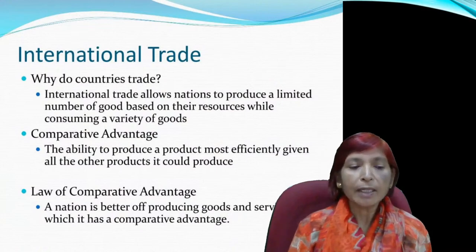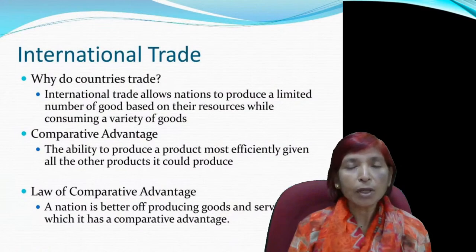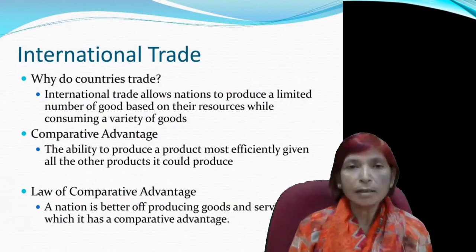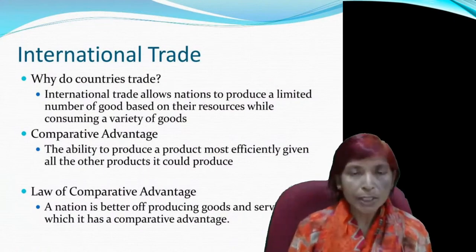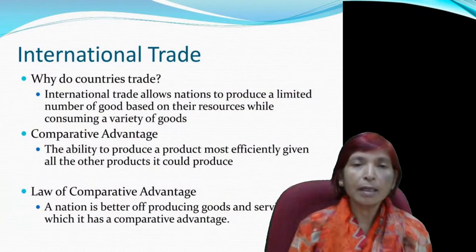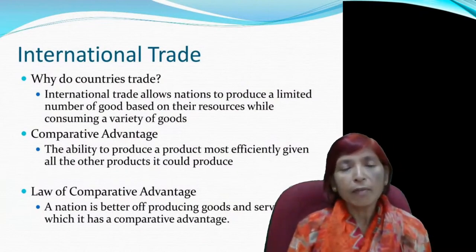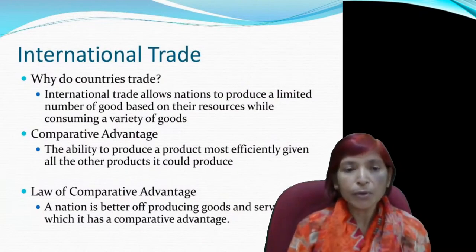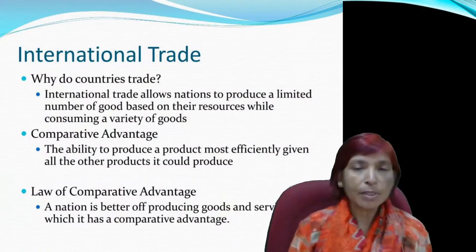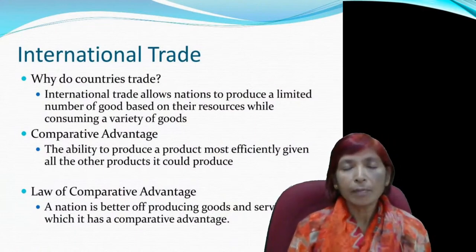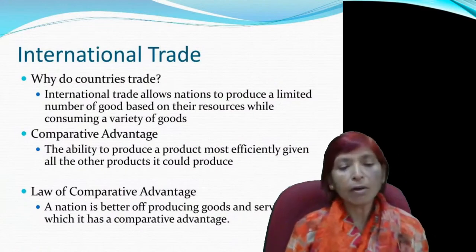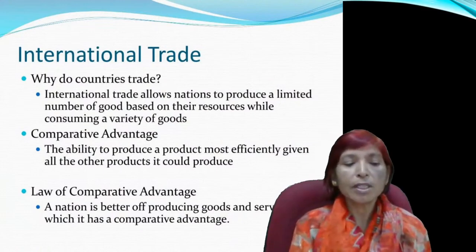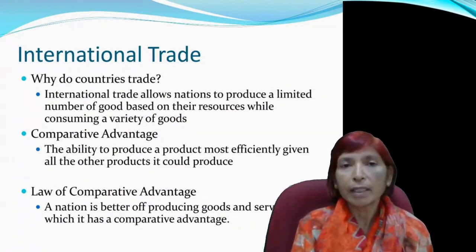The law of comparative advantage means that even if one country can produce both commodities in more quantity and the other can produce both in less, both countries will still enter into international trade, doing exports and imports, and they will gain benefits from this international trade. So a nation is better off producing goods and services for which it has a comparative advantage.